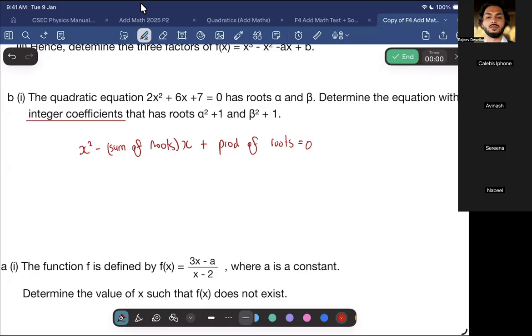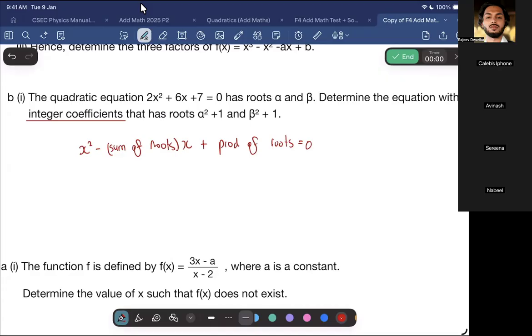Alright, Caleb, now I need to ask you if you could simplify. You see you have plus 1 plus 1? Yes, and that's alpha squared plus beta squared plus 2. Right. Now, do we know what alpha squared plus beta squared could be written as?